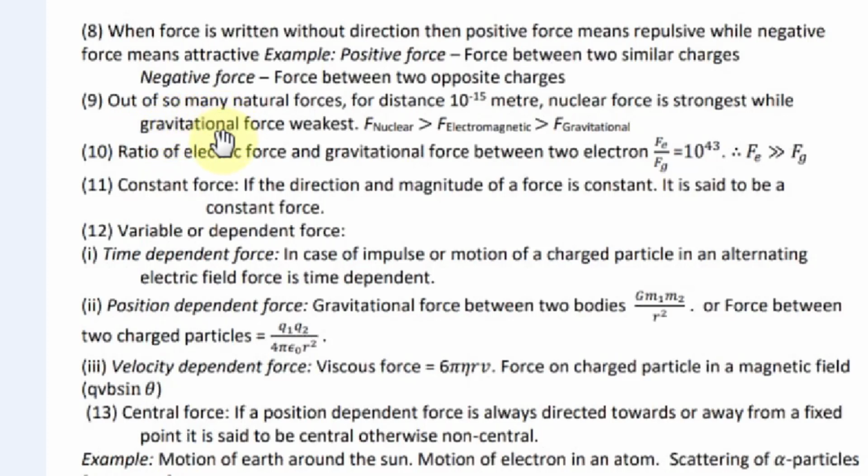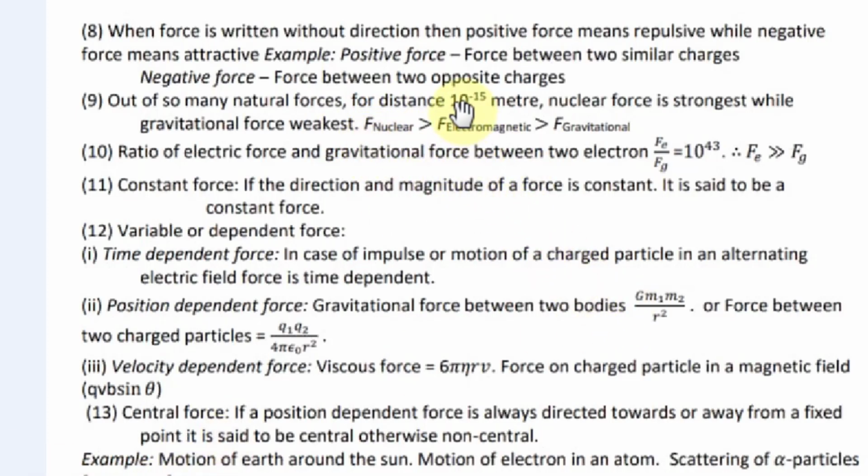Point number 9. Out of so many natural forces, at a distance of 10 to the power minus 15 meter, children, at this distance, nuclear force is strongest while gravitational force is weakest. Remember this comparison, you must remember.